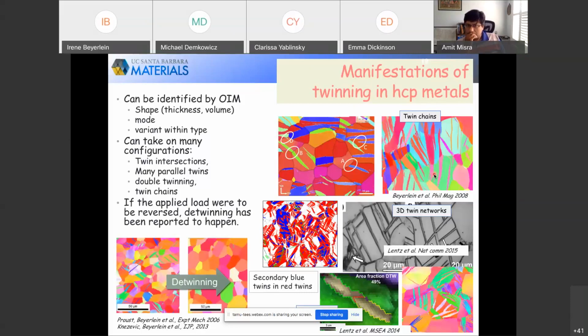Also, there's something called detwinning. If you were to reverse the applied load, then locally on every grain, the loading would be reversed. Now, twins don't move in a back and forth manner, but there's something called detwinning, where you would see a disappearance of that volume. That usually is because another twin has occurred within it that's reverting it back to the original lattice orientation.